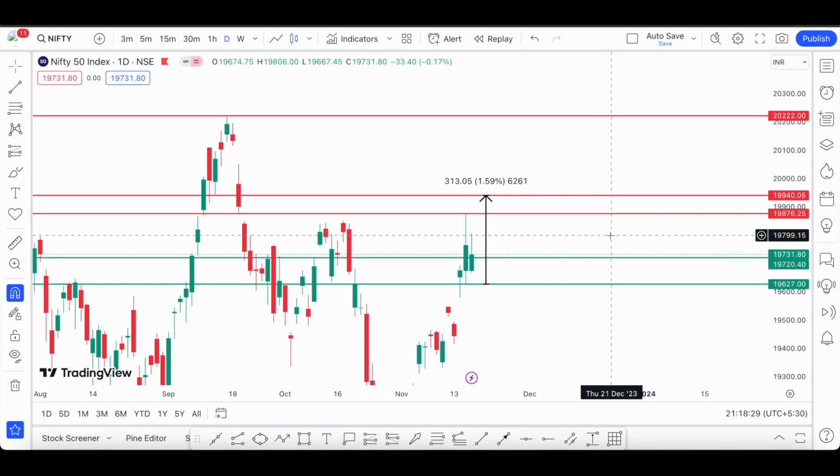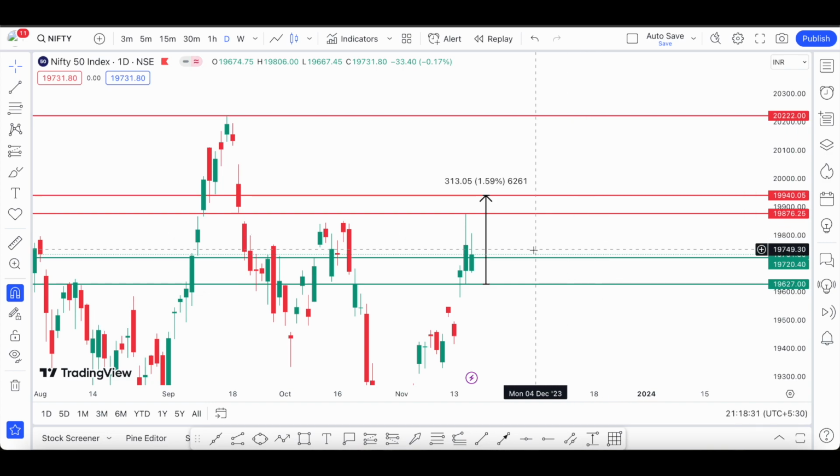So my expectation is that the market will stay within this range, from 19,627 to 19,940. This particular range I am going to watch out for the coming week.